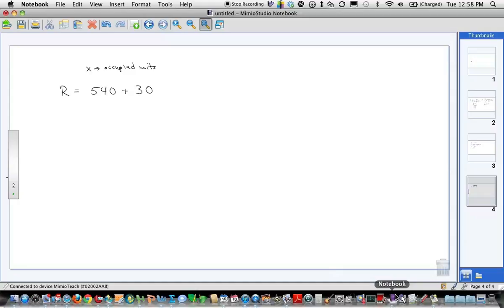So what I need here is 30 times something. 30 times 1 would mean I'd have only 49 apartments, right? 30 times 2 would mean only 48 apartments occupied. If I add on 3 $30 increases, I'm only going to have 47 apartments occupied.